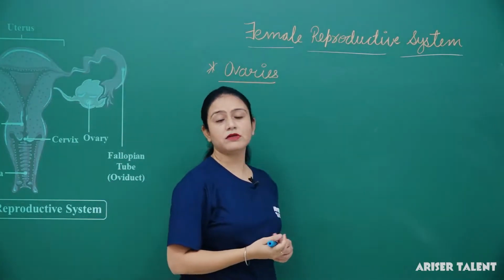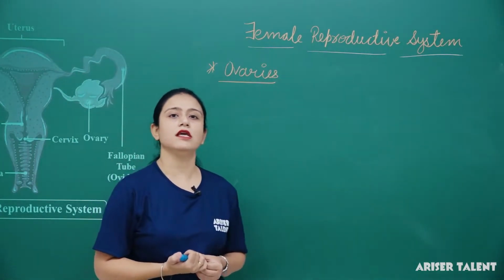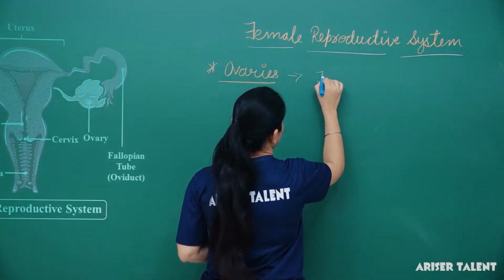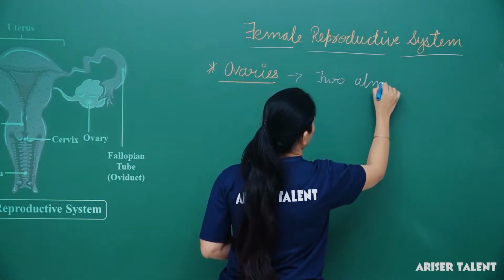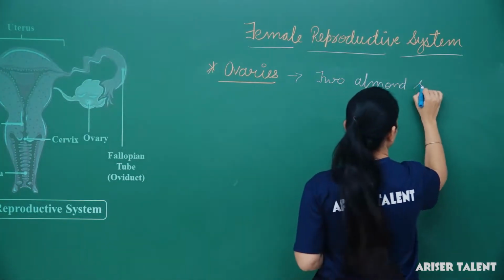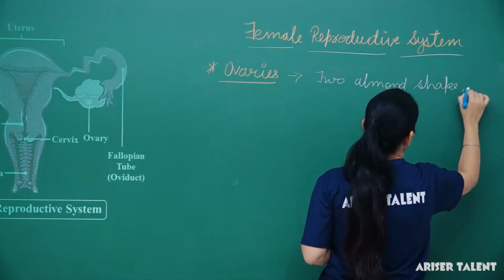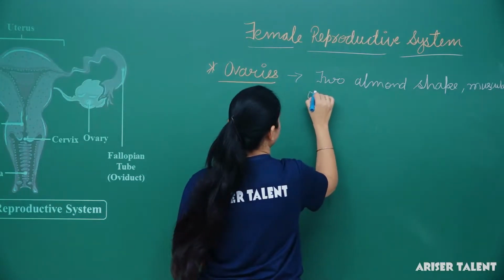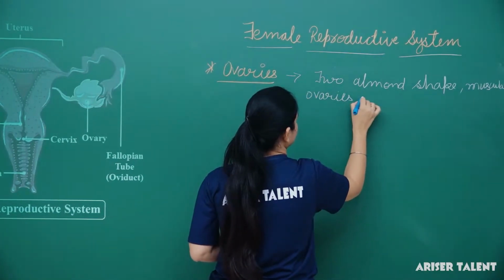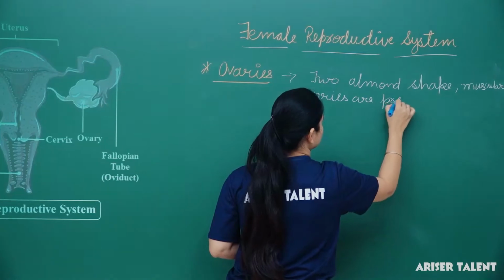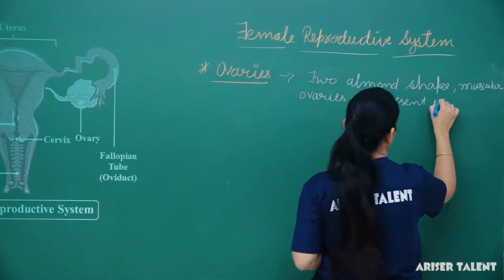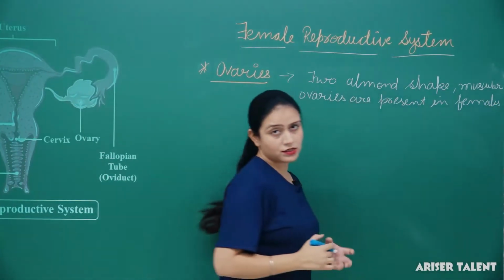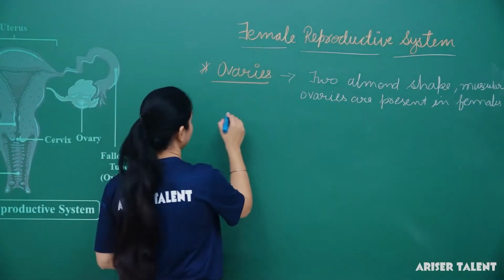Ovaries are generally almond shaped, and two ovaries are present in each female. I am talking about human females.